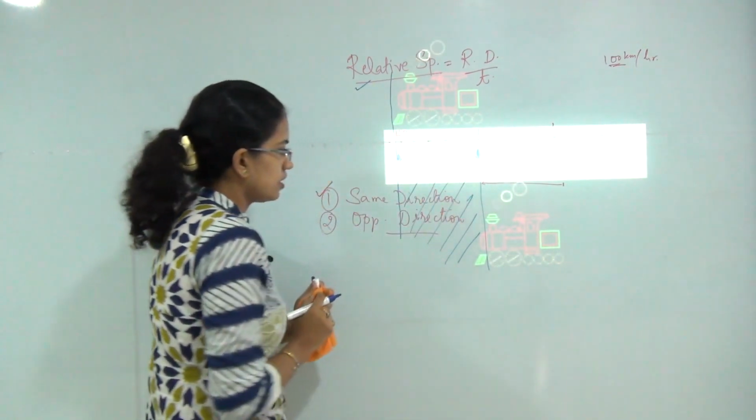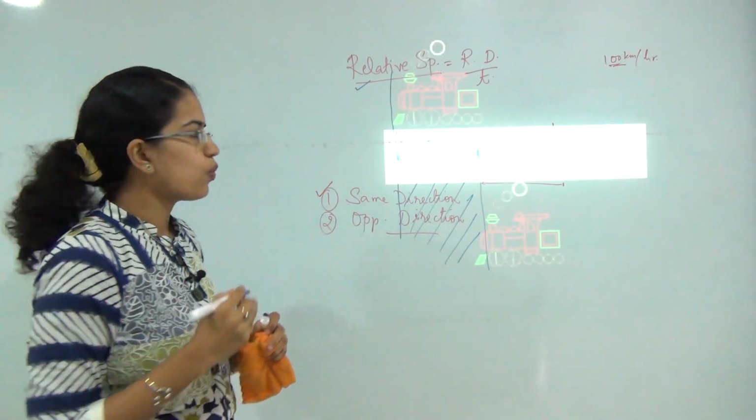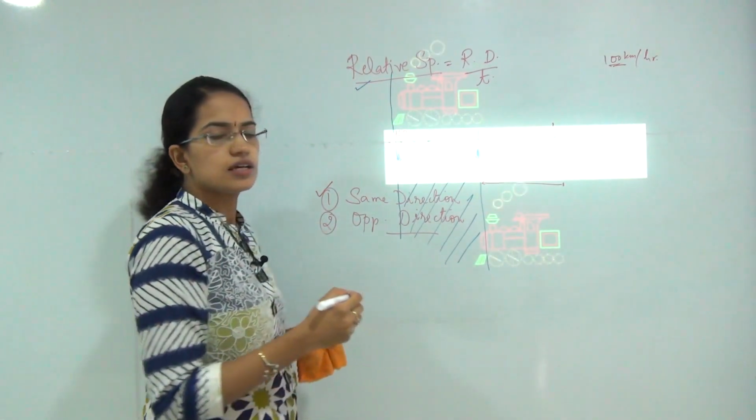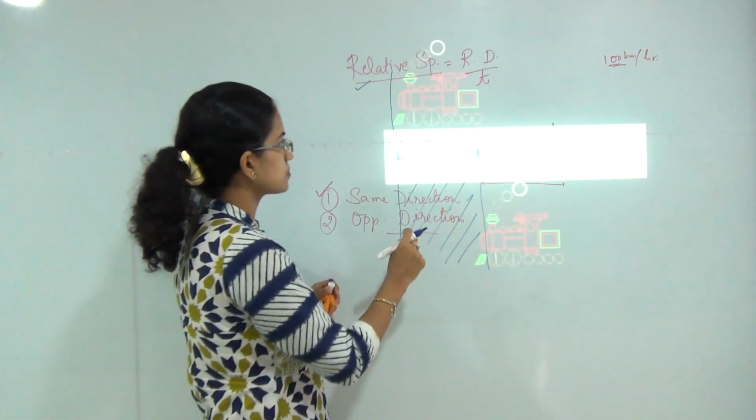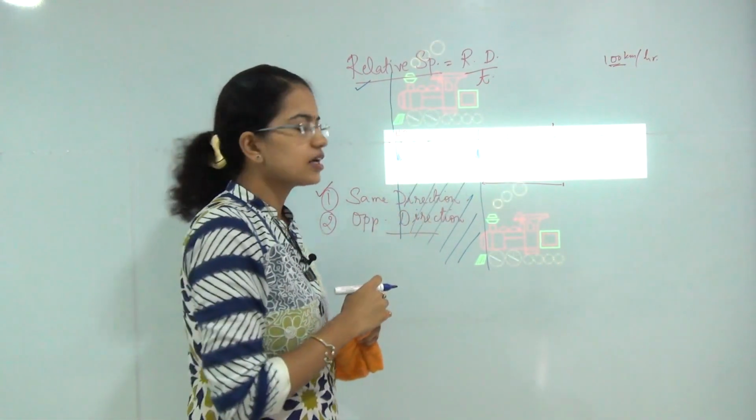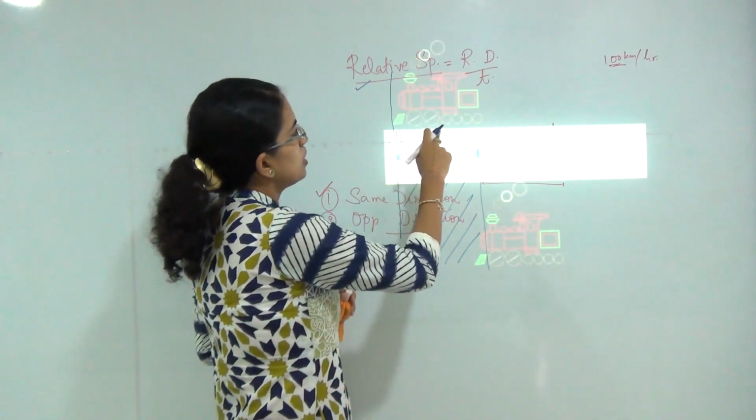Now if the question is asked, what is the time taken for the train to cross one another or to overtake one another, how will you solve this?